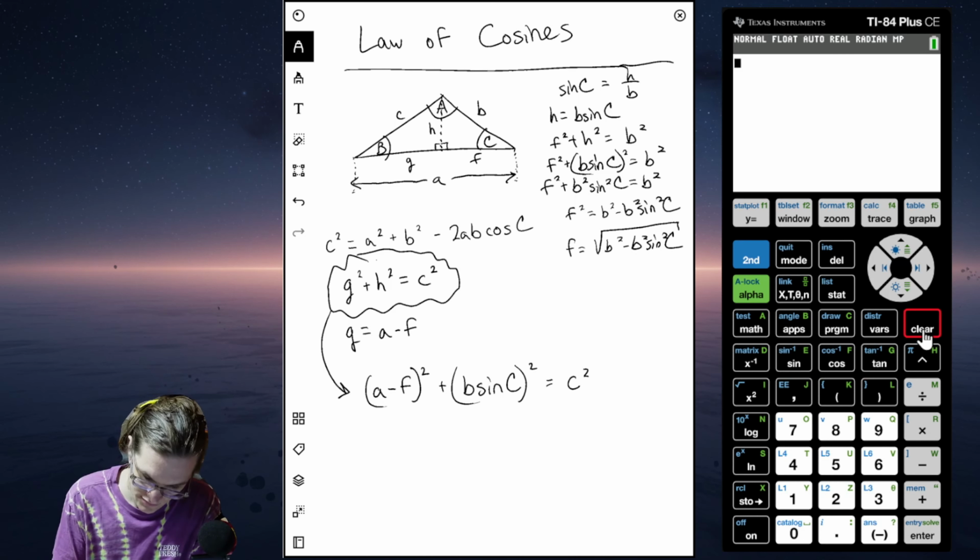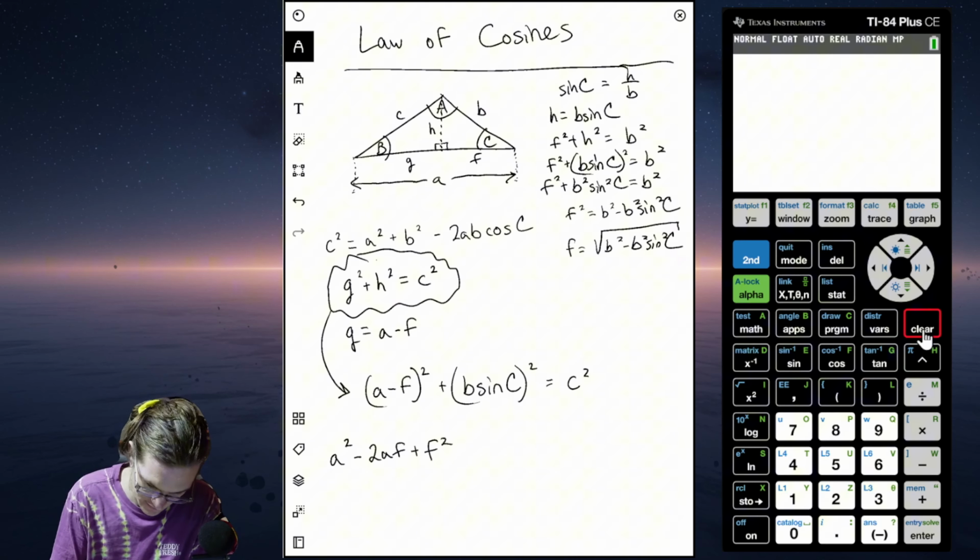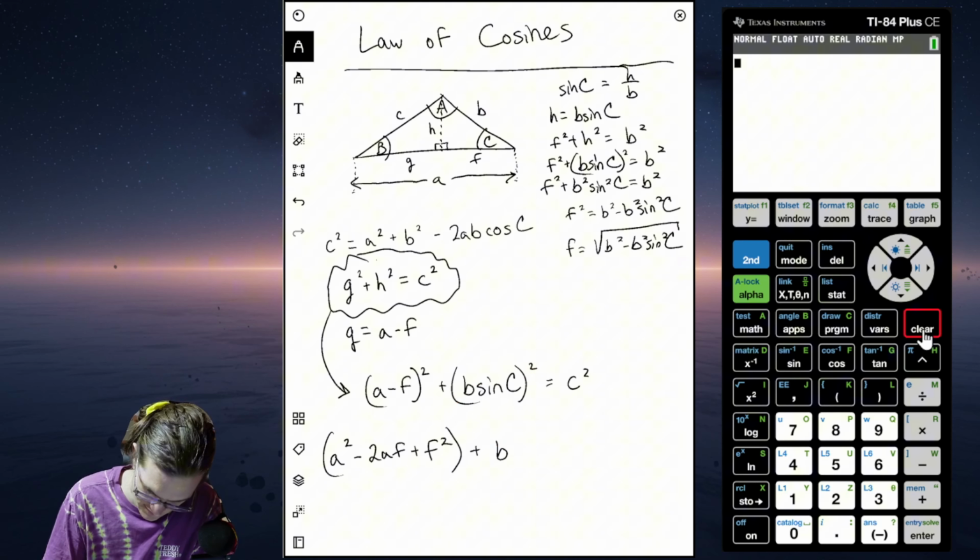Okay. So now I know f, and I'm not going to plug f in at this point because that would be a little annoying to work out. So what I'm going to do is expand this quadratic, which is a squared minus 2af plus f squared. So that's that piece. Plus, I'm going to distribute the squared for this. So b squared sine squared c is equal to c squared, little c squared over here.